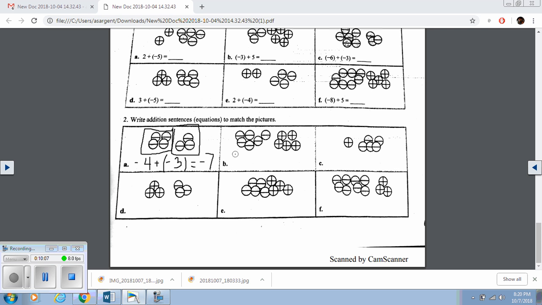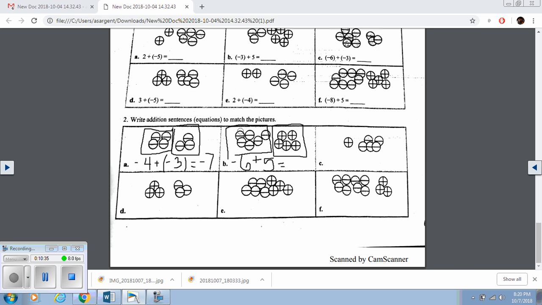On B, here we go again. This is going to be one of our numbers in our problem, and this is going to be our second number. So my first number is 1, 2, 3, 4, 5, 6, so I have -6 plus 1, 2, 3, 4, 5 positives. So -6 plus 5.